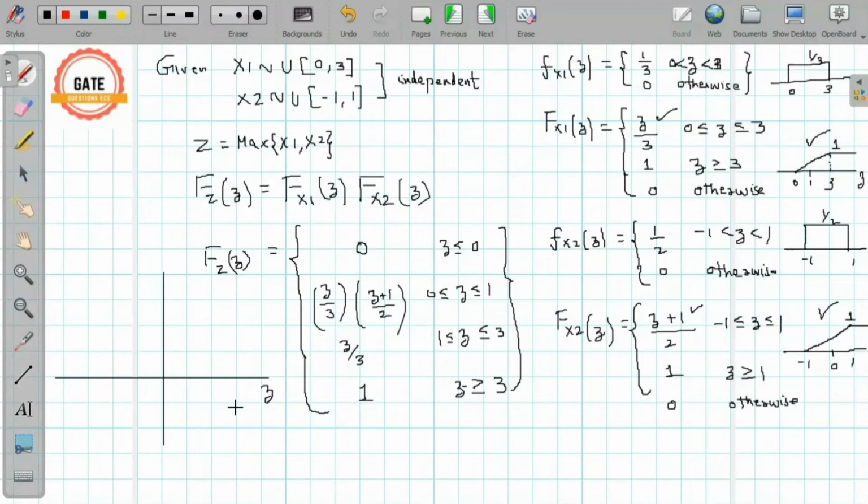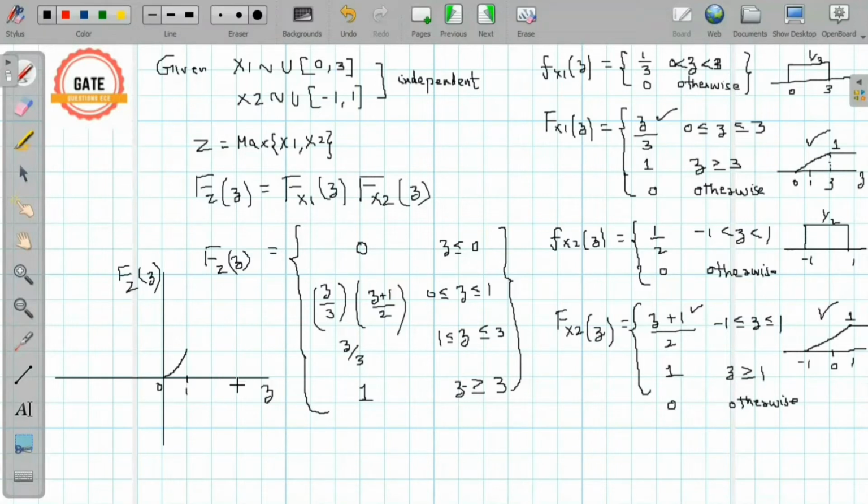So this is our z-axis, and this is going to be the plot of CDF of z for sample value small z. So for z less than equal to 0, this is 0. So below 0, it is 0. And from 0 to 1, you can see it is going to have a scaled function. So 0 to 1, it will rise up to this point, a parabolic function in this range.